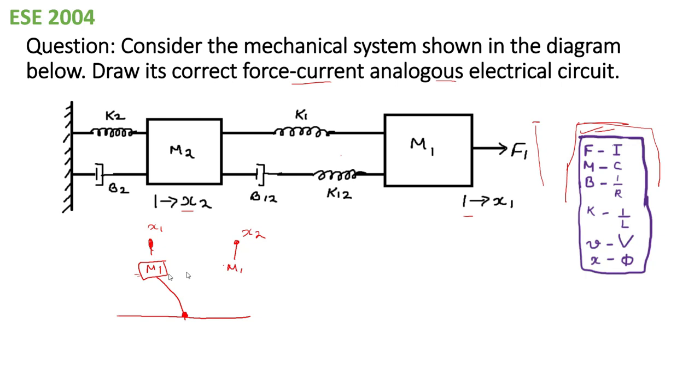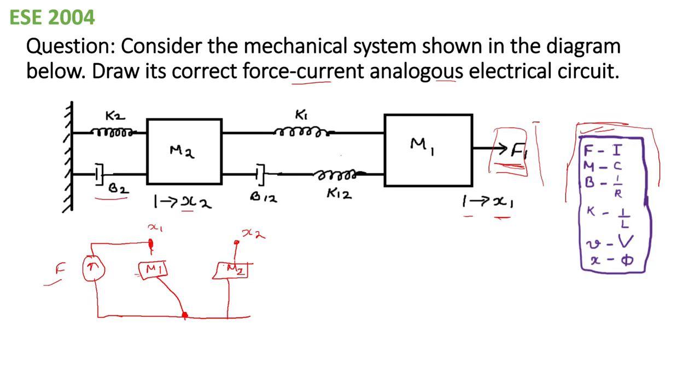So this was M1, and now we will draw M2 here between x2 and this reference. And since it's a nodal diagram, this F1 will act as a current source. Therefore this is your current source F1. It is acting at x1, therefore we have attached this current source or this force here at x1.